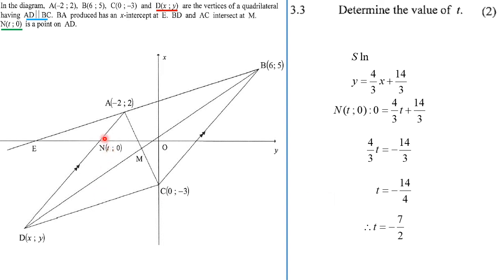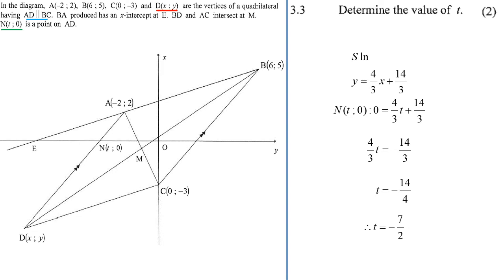Remember, n is cutting the negative x-axis. X is supposed to be negative, then this is by default logical. Okay, t is minus 7 divided by 2. There is no need to write this in a decimal form. Just leave it like that as a fraction, unless the question dictates that you should round it off to a particular number of decimal places.